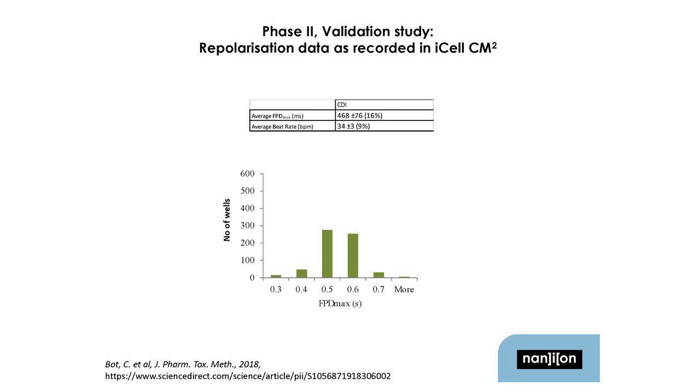And this graphic here basically shows the number of wells across all sites and experiments, and most of the cells here had around 0.4, 0.5, 0.6 milliseconds as an FPD range. So these are the numbers here.